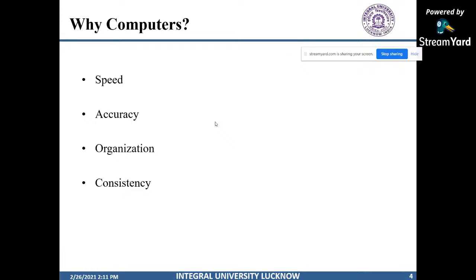If we have wrong results, the information will not be correct, and it may mislead us. So accuracy is very high when we use computers.